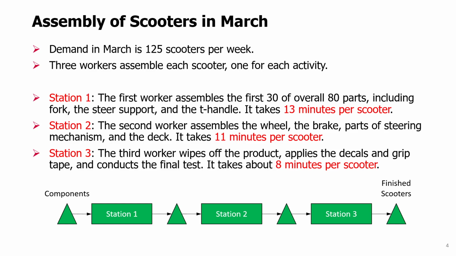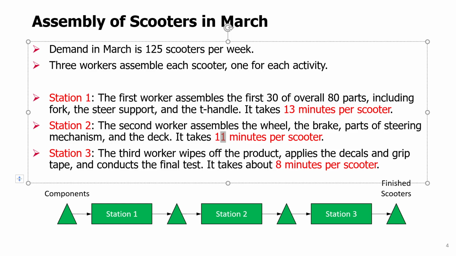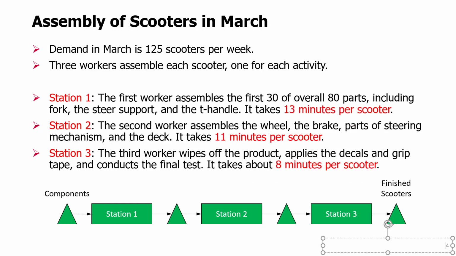Now, one thing to realize is that this imbalance of time, 13 minutes, 11 minutes, and 8 minutes, was probably not by design. They didn't intend to have more work for worker 1 and so little work for worker 3. The management probably tried to balance it as much as possible and maybe applied some logic like, this is just final testing, right? But as the workers learned to do their activities, they actually became better at some things and not as good at other things, right?